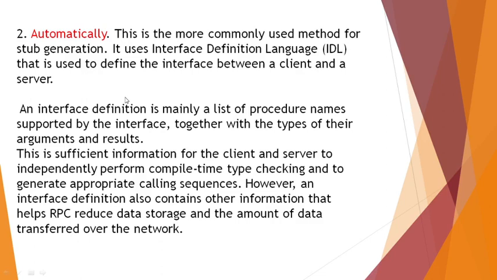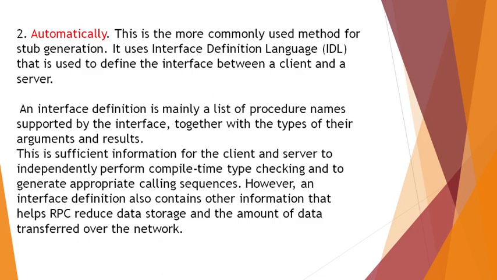So this interface definition is nothing but a list of procedure names which are supported by the interface, together with the types of their arguments and the results. For what type of interface names it has, and what are the method or procedure arguments and what are the results will be there in an IDL. This is sufficient information for the client and server to independently perform compile time type checking.